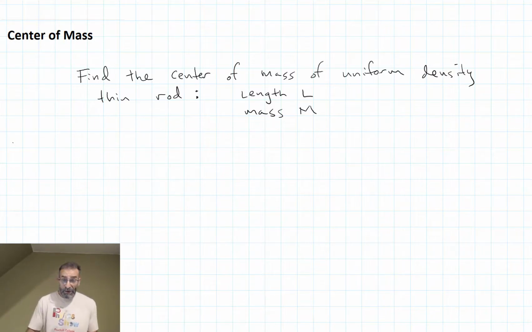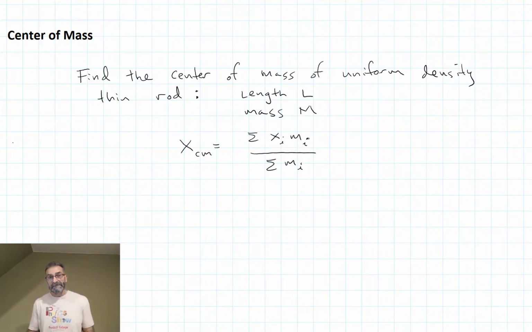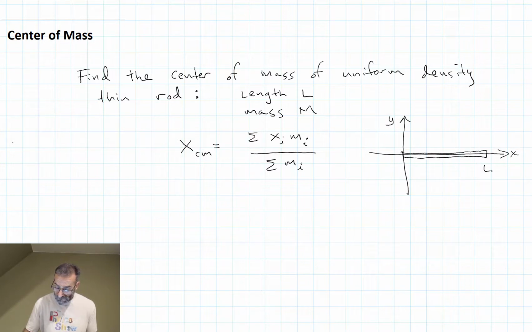Our formula for point objects is this: the sum of each mass multiplied by its x-coordinate divided by the total mass. And instead of point objects, we have a solid object. We pick some little tiny infinitesimal chunk of mass.